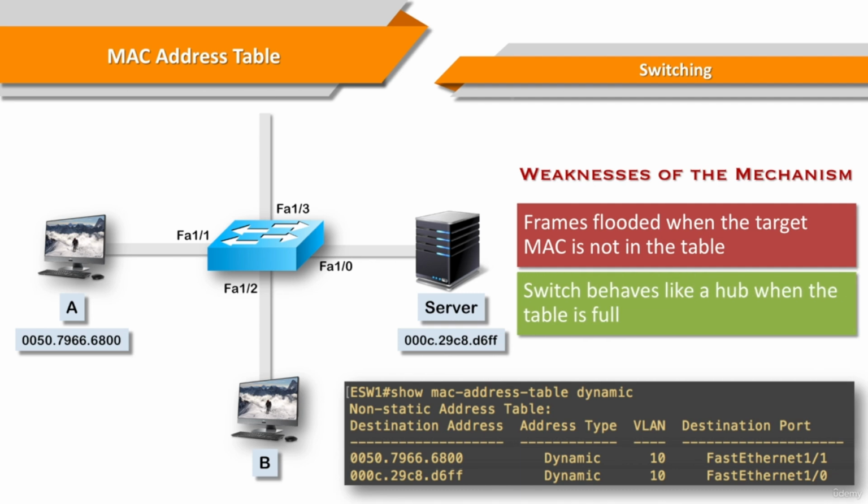The second weakness is that when the MAC address table is full, no new record is accepted. So what if I fill the table by announcing thousands of fake MAC addresses from a port of the switch? Most switches start to behave like a network hub in such a situation, which means they send each frame to all of the ports.